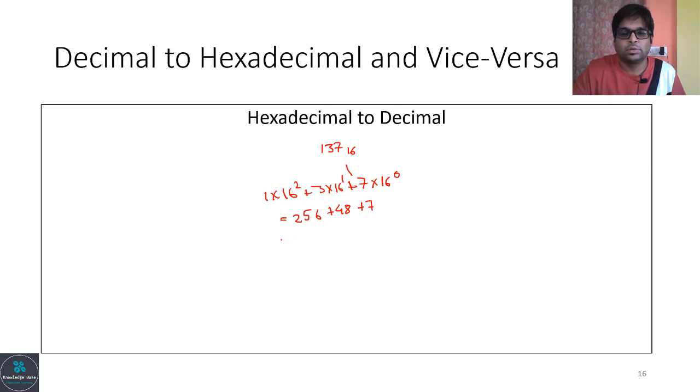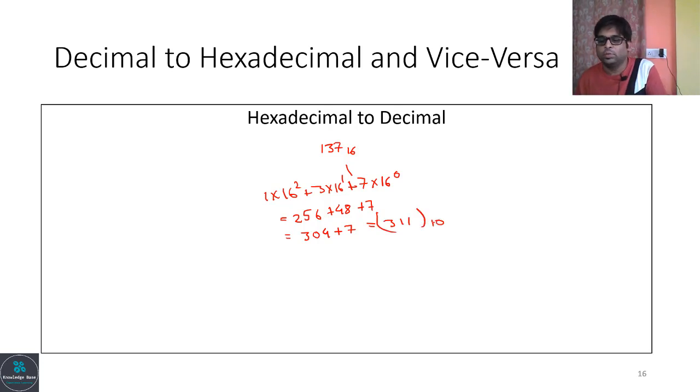So 256 plus 48 is 304, plus 7, that is 311 in decimal, right? So this is how we can convert a hexadecimal number into its equivalent decimal form.